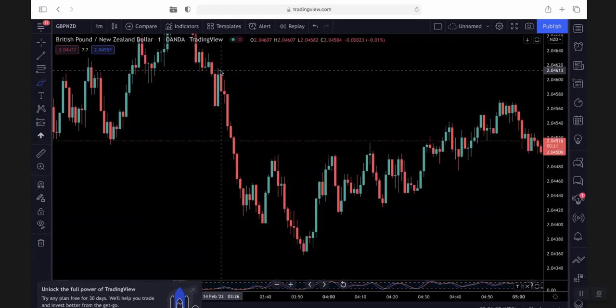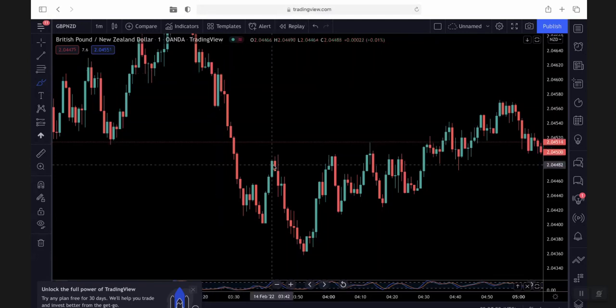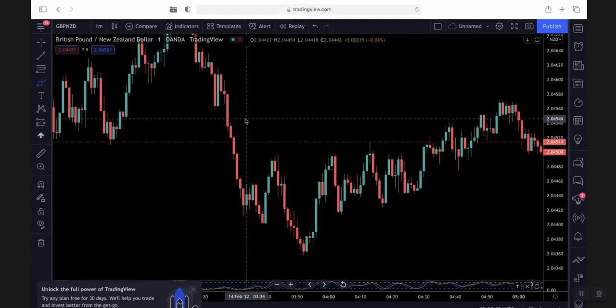Can I execute at 21, or immediately when it reaches 20 oversold, or should I wait for it to go up a little? All right. So you strictly enter after the crossing over.